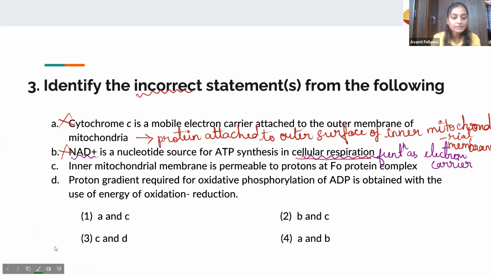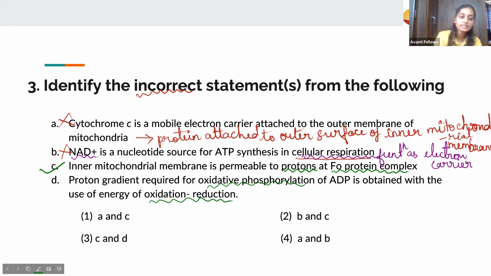Yes. So let's see the third statement. The third statement says that the inner mitochondrial membrane is permeable to protons at the F0 protein complex. Yes, this statement is correct. And the fourth statement says that the proton gradient required for the process called oxidative phosphorylation of ADP is obtained with the use of energy of oxidation and reduction.